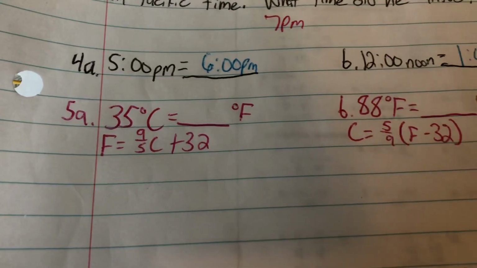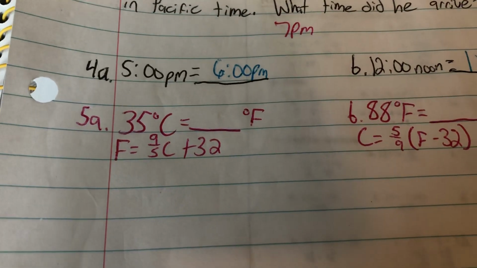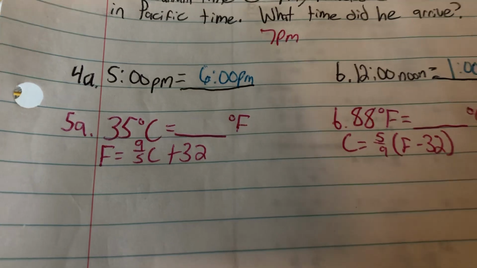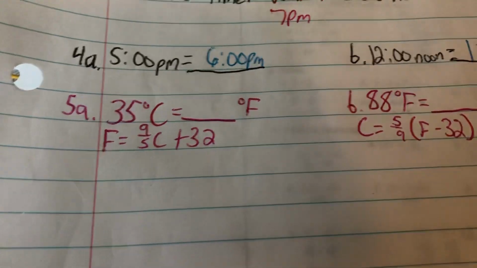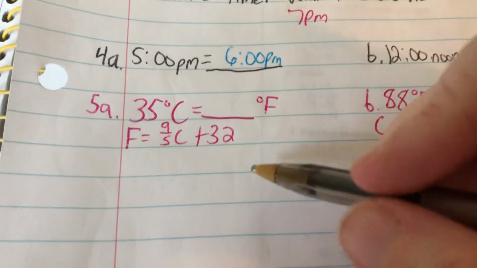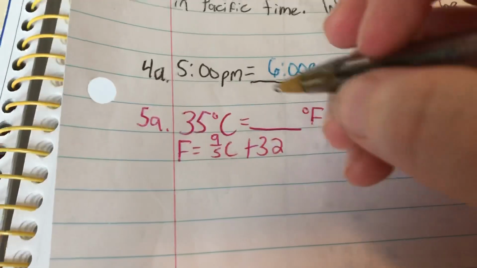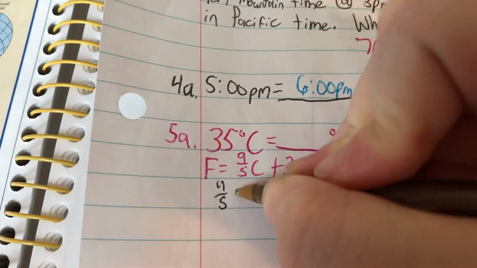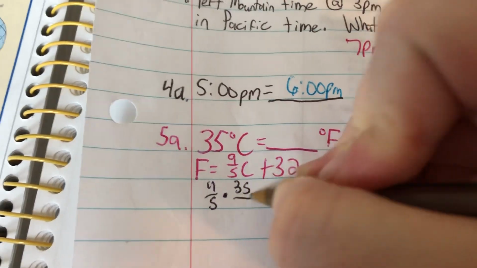On 5A, we are converting from 35 degrees Celsius, and it wants to know what that temperature would be in Fahrenheit. So as a reminder, our formula for that is 9/5 C plus 32. So we have 9/5 times 35 over 1.